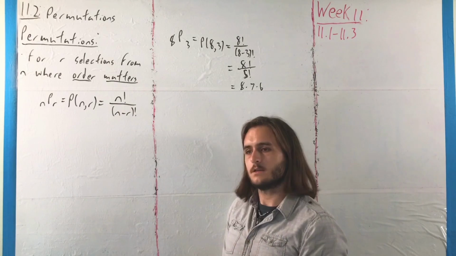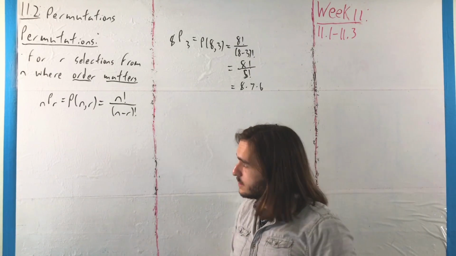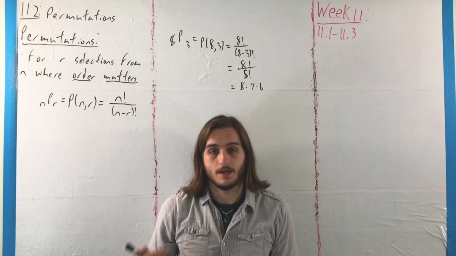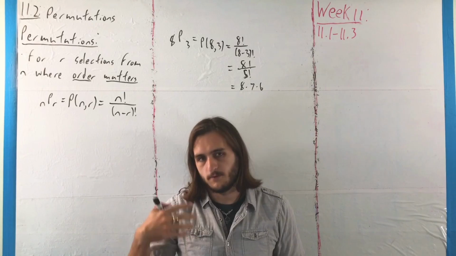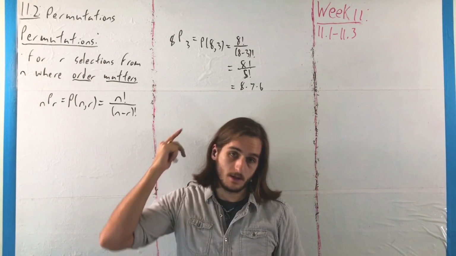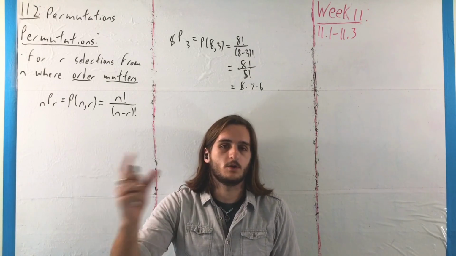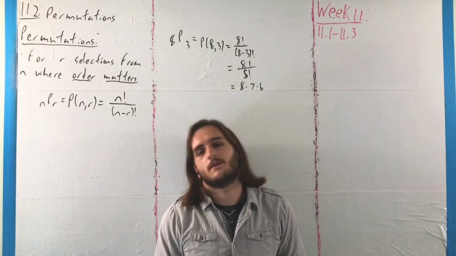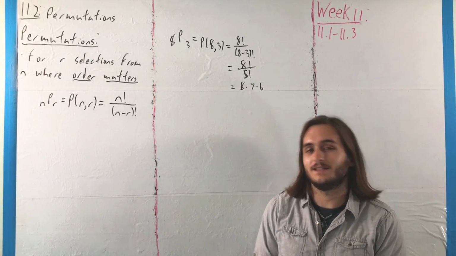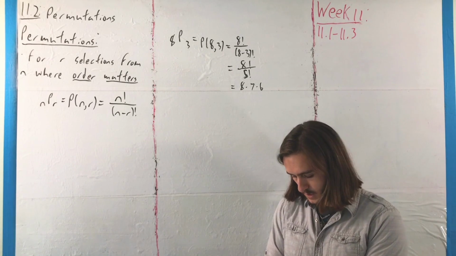But if you only care about the first few of them, the first 3, the first 5, the first however many, you take out the n minus r other ones that don't matter to you, like those other people in the race that finished 4th through last, because we don't give them medals for that. So you knock out, in this case, the 8 minus 3 or 5 remaining arrangements, where you have the factorial for all of those that don't matter. Those divide out and you're left with just the 8 times 7 times 6, or whatever it ends up being in terms of your other n's and r's.